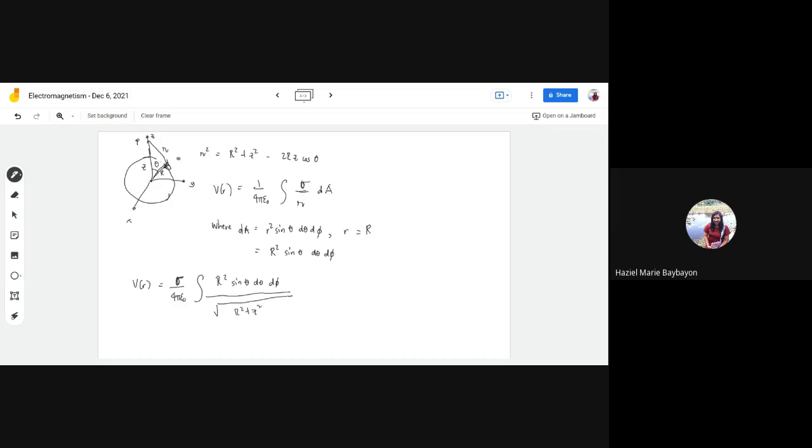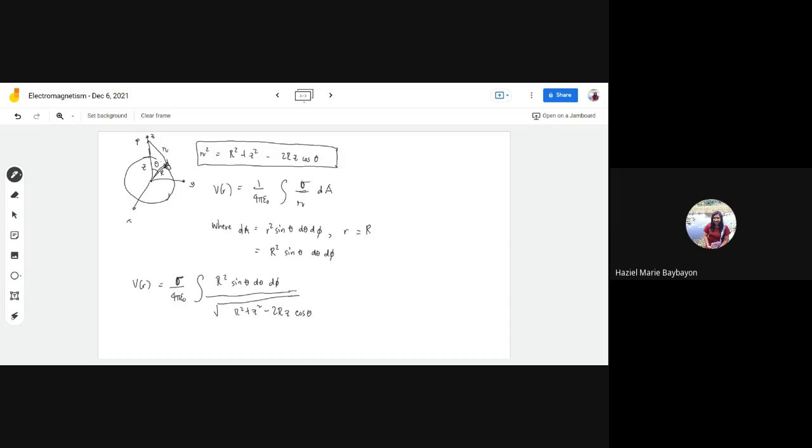Now, you have to take note, class, nakuha na siya through the cosine law since we cannot use the Pythagorean theorem for this. So we have R squared plus z squared minus 2Rz cosine theta.